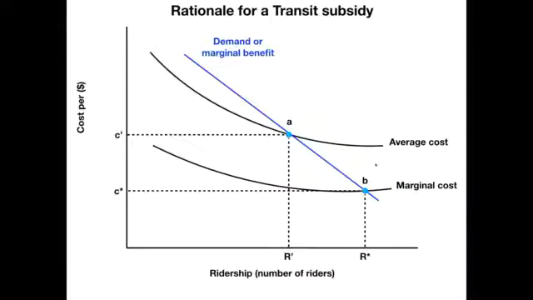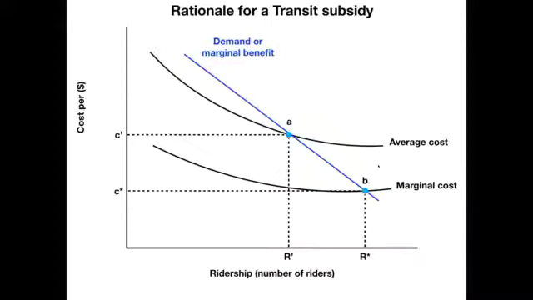So revenues are going to be less than average cost. In order to achieve the socially optimal level of ridership, this firm is automatically going to lose money.